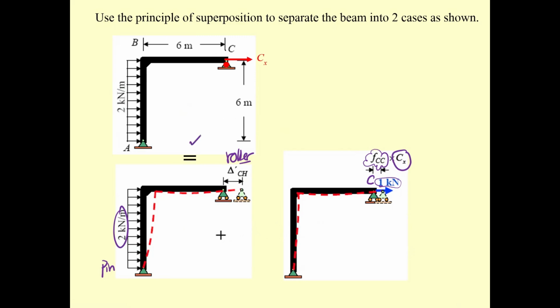Now, you have to draw the elastic curve at this point. Okay, I should say you have to sketch the elastic curve of the frame. This is important. You don't need to draw the elastic curve of this one in this step, but we have to draw the elastic curve from this one due to the applied force.